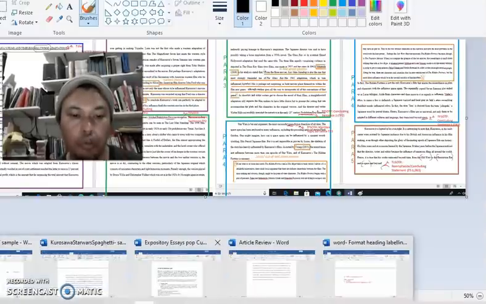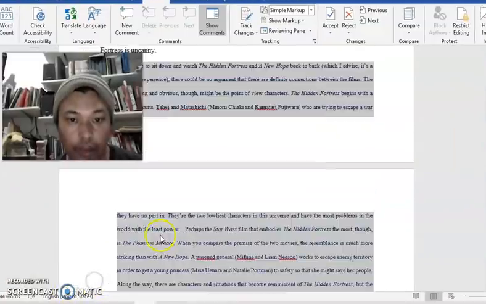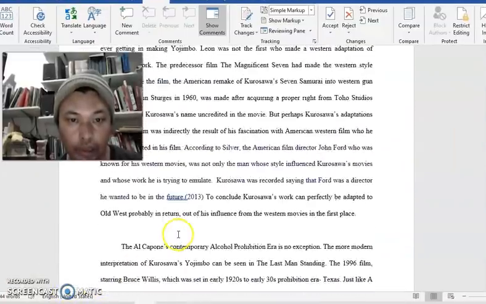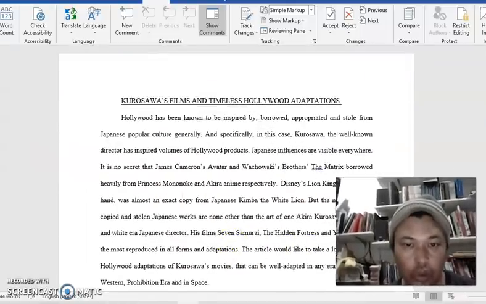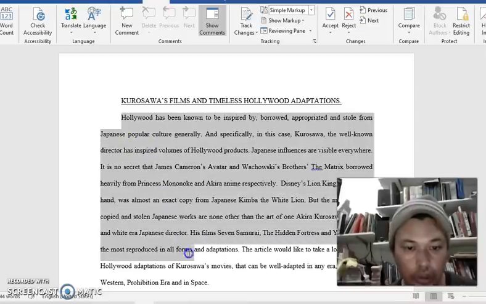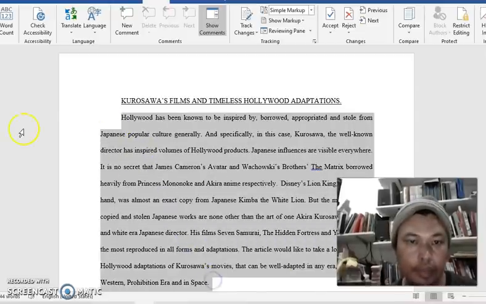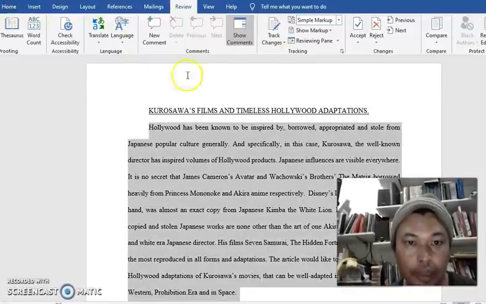I hope most of you know it by now, but some of you probably have a problem with, let's say, how to do double spacing. Here, home, and then double spacing, you have to highlight this.